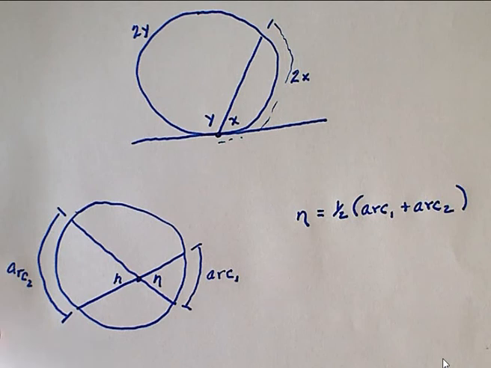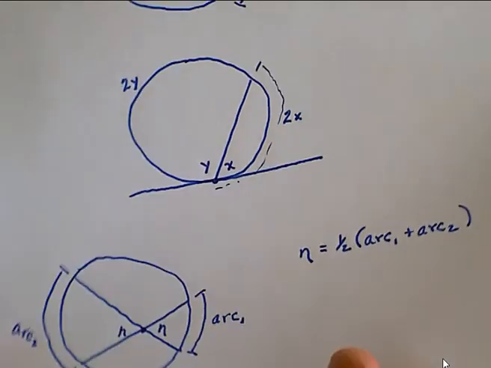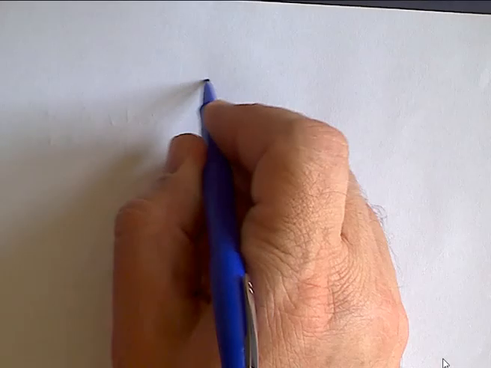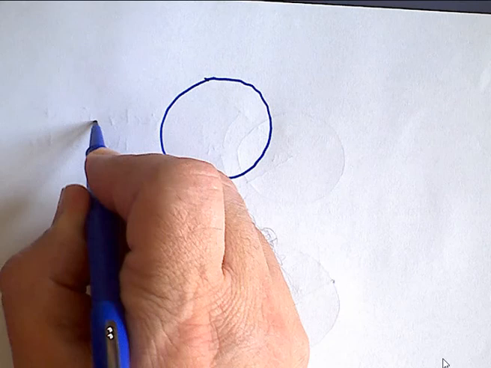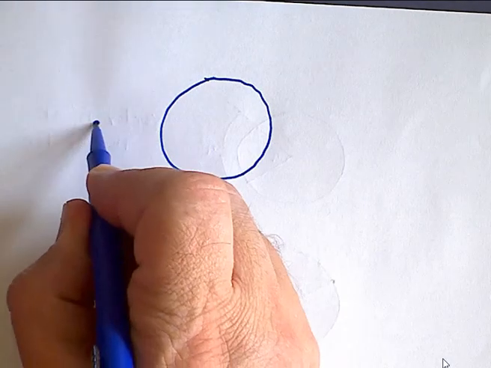And the last one that we talk about: we've talked about the vertex at the center, on the circle, and inside the circle. So the last one is outside the circle, and there are a couple different ways that could occur. So here's my vertex, and here's my first way.